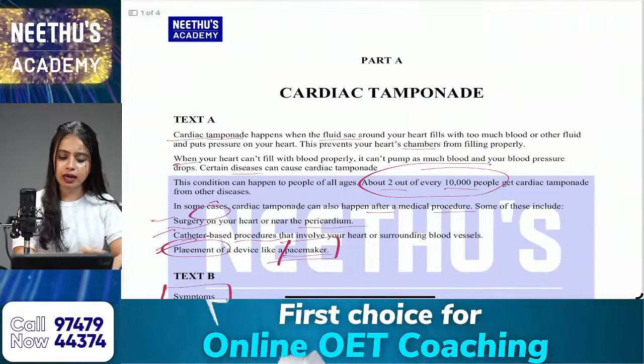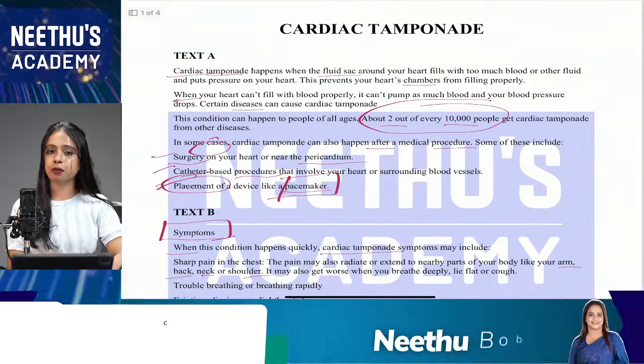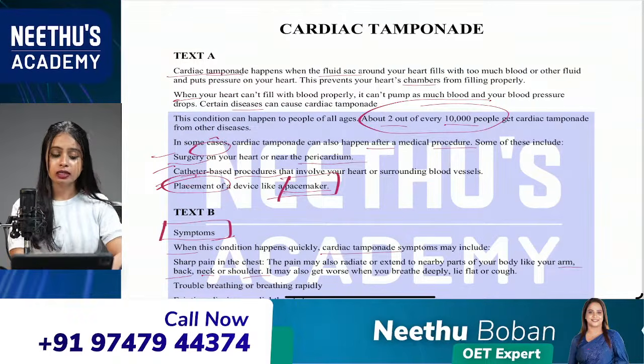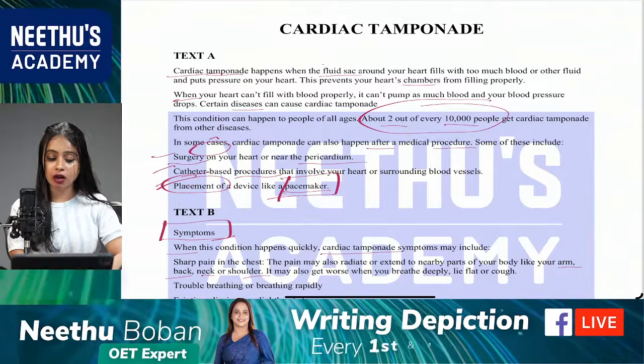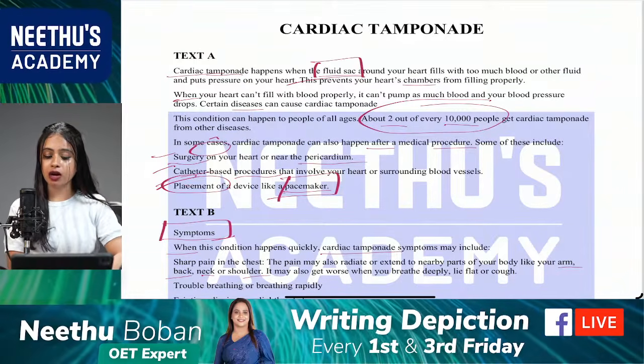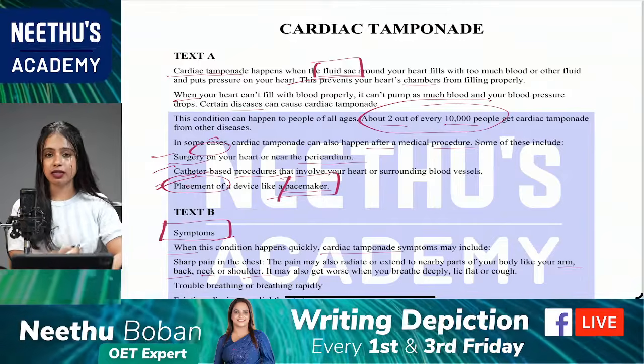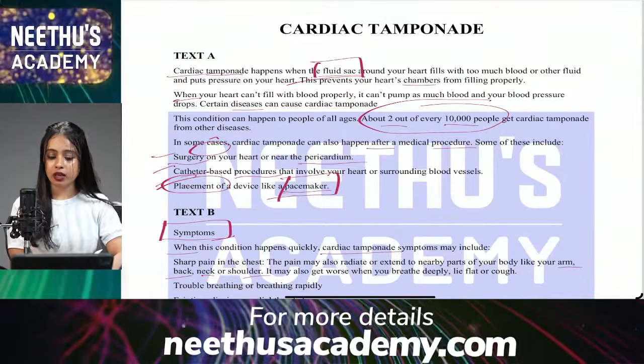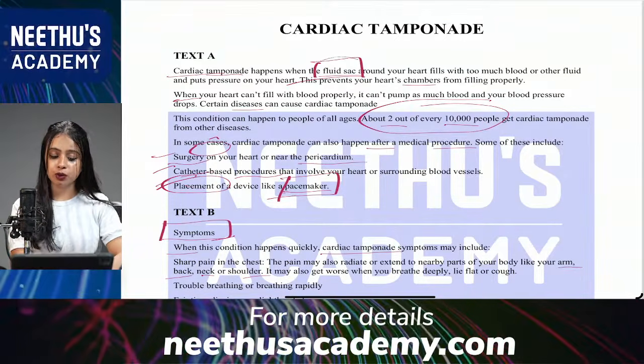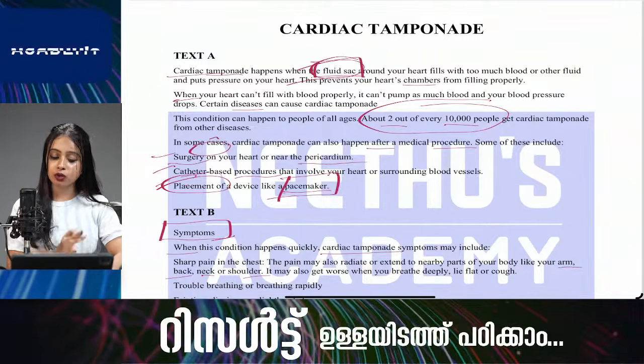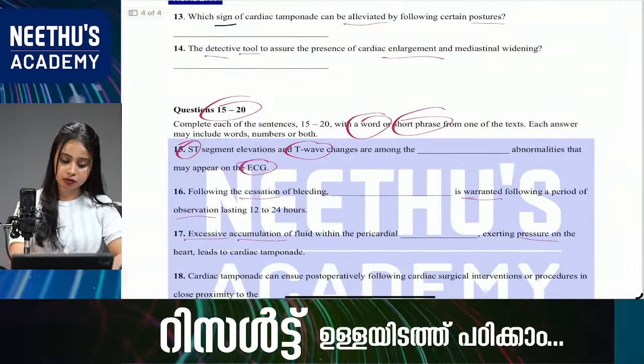I guess my answer should be from text A, from the first line. Cardiac tamponade happens when the fluid sac around your heart fills with too much blood. So that is excess accumulation, and that is fluid sac. So my answer should be fluid sac from text A.